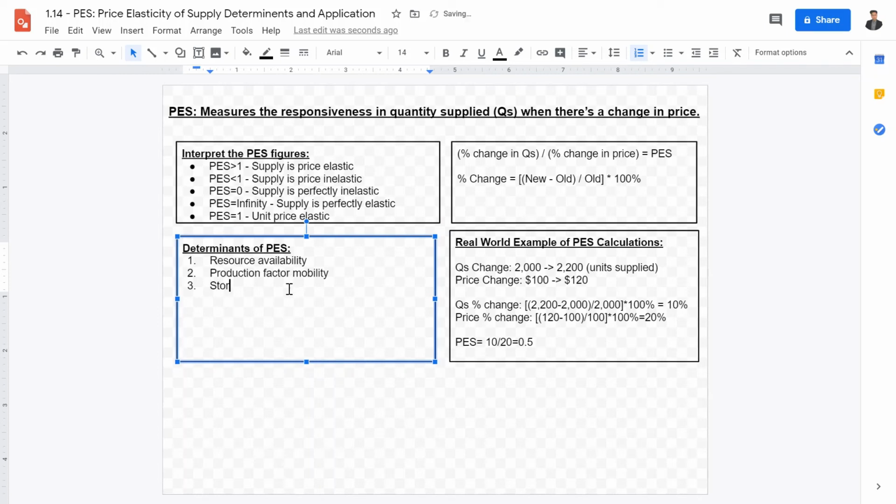The third thing is the storage of goods. Let's say the demand for bananas suddenly spikes, and as a result, the price of bananas goes through the roof. Just because the price goes through the roof does not mean that production will skyrocket to meet it, seeing as the storage of goods is limited.